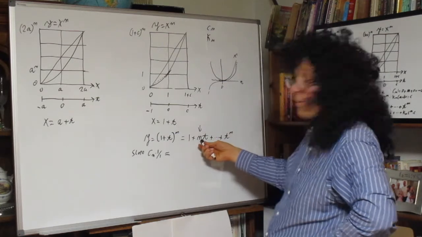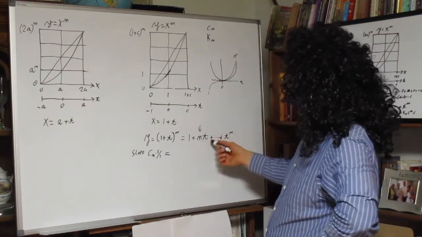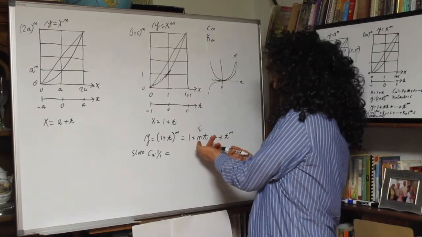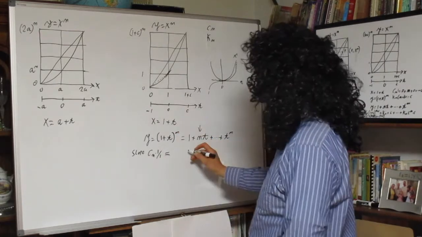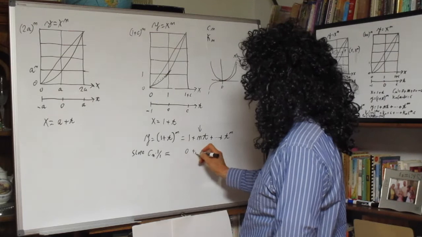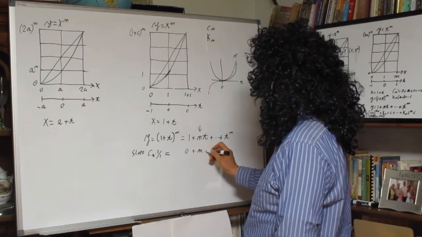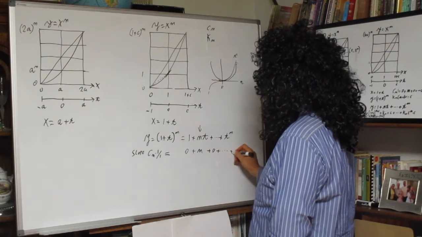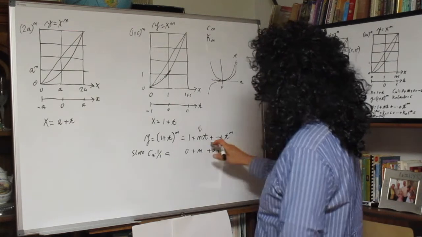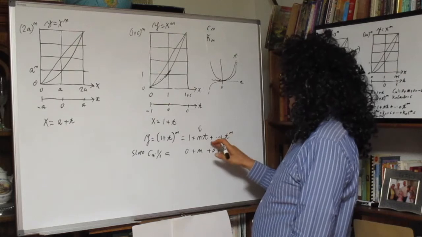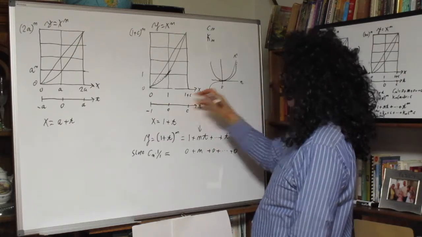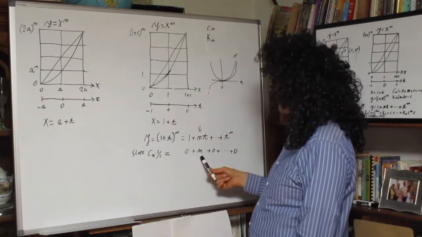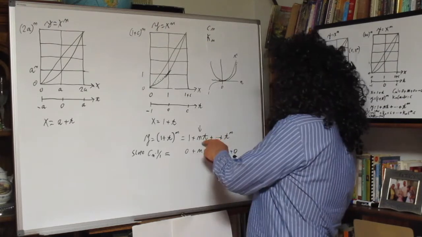What's the slope at t equals 0? The linear, it's n, clearly. Equals 0 plus n plus 0 plus dot dot dot plus 0. Because all of these functions, their slope is 0 at t equals 0. The only one that contributes is your linear function.